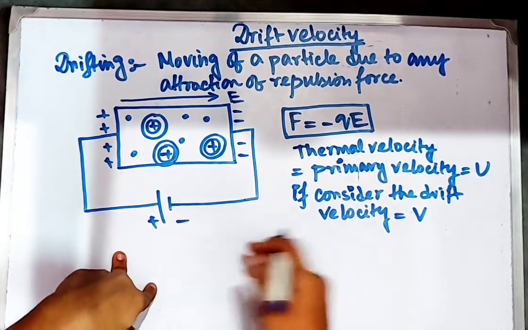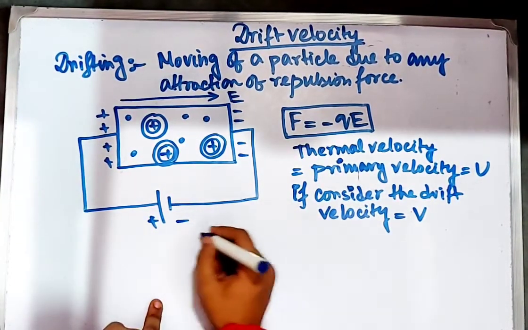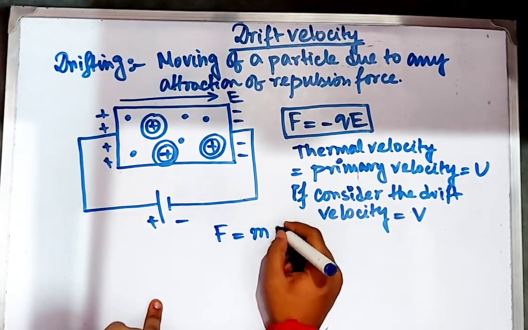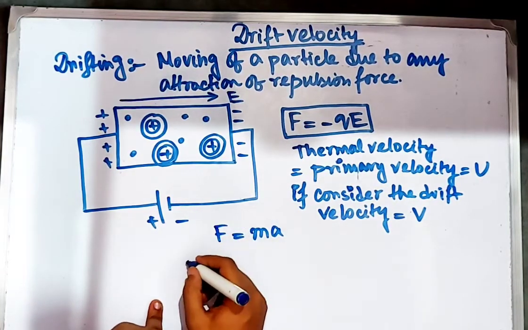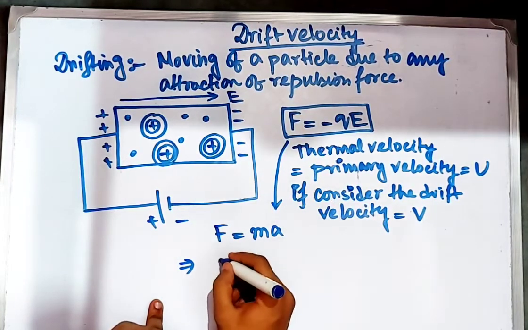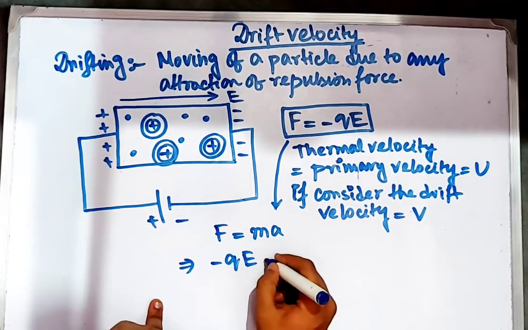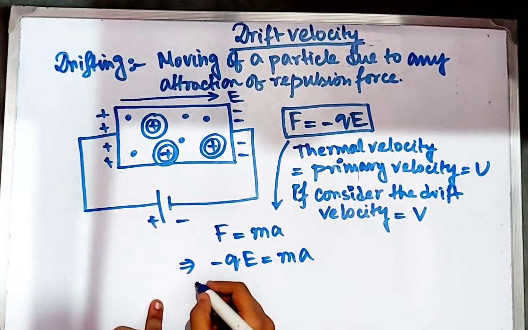So if we talk about the acceleration, then of course we know from Newton's second law that force equals mass times acceleration, and from here we know that this force is actually minus qE, that is ma.